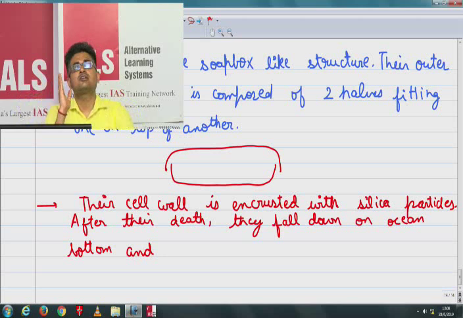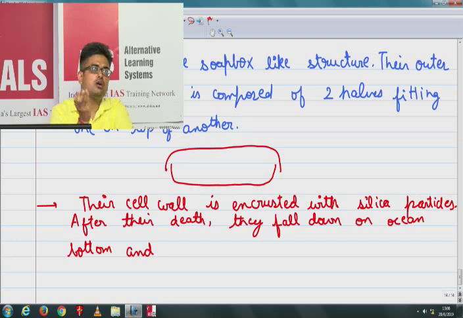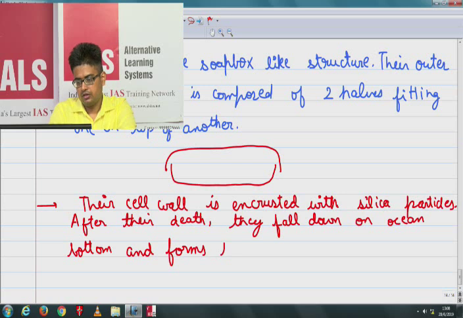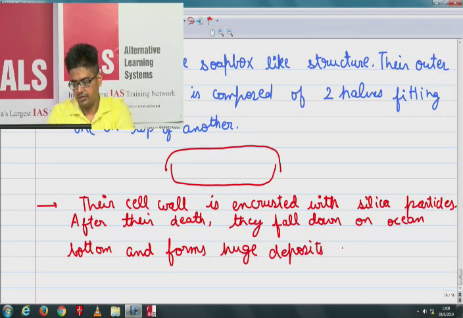This becomes a large diatom deposit. It is called diatomaceous earth, and it is very much used in our daily life. It forms huge deposits over thousands of years, millions of years.